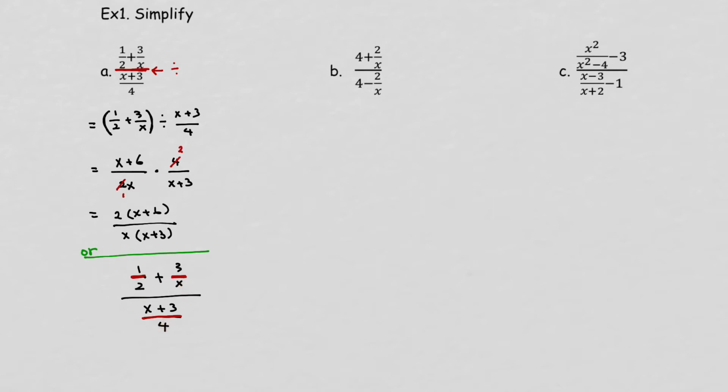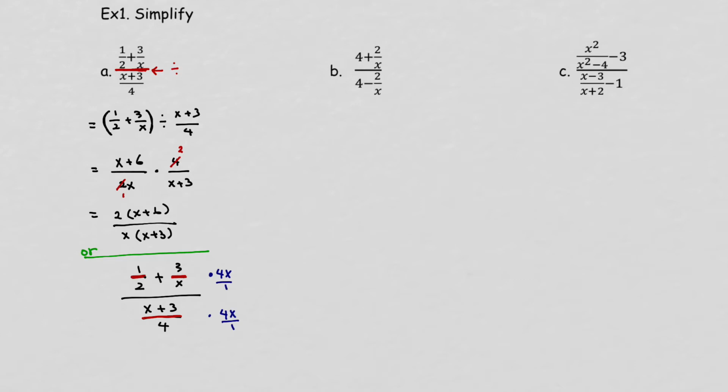Whatever that LCD is, you multiply the numerator and denominator by it, and you will get rid of the small denominators. So looking at 2 and 4, the common is 4, and x. So you multiply the numerator by 4x, and the denominator by 4x. If you want, you can think of it as 4x over 1.